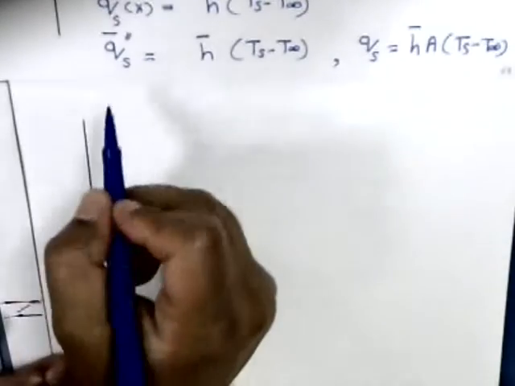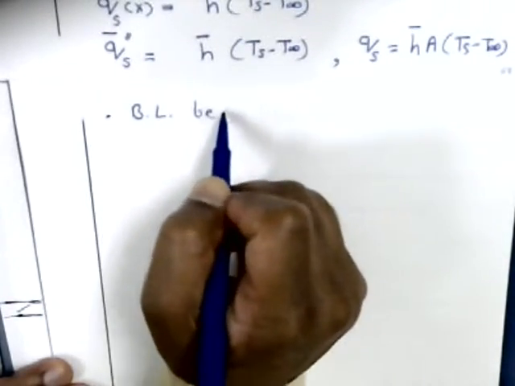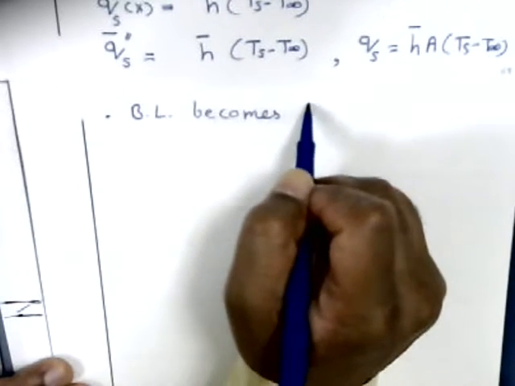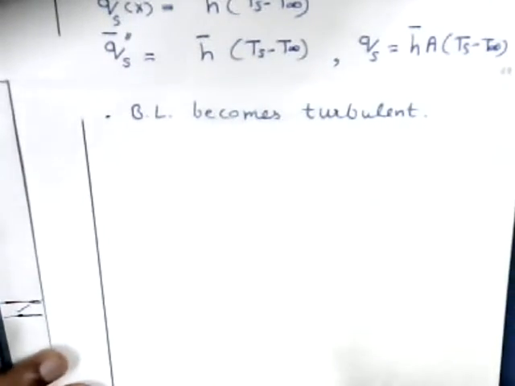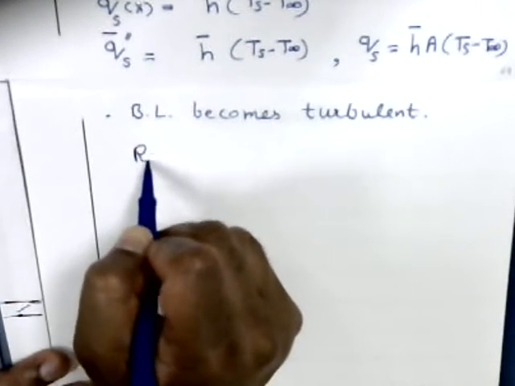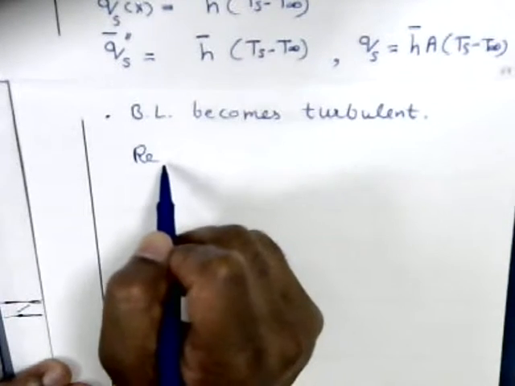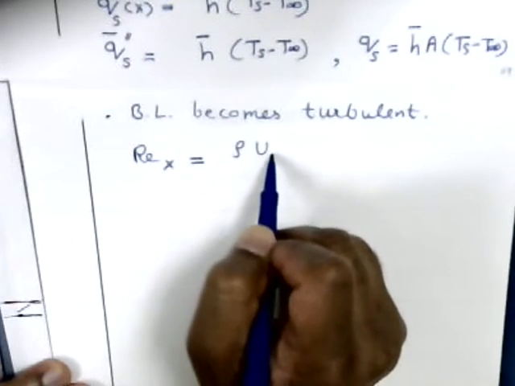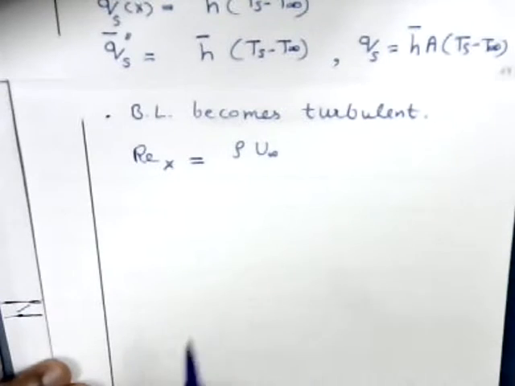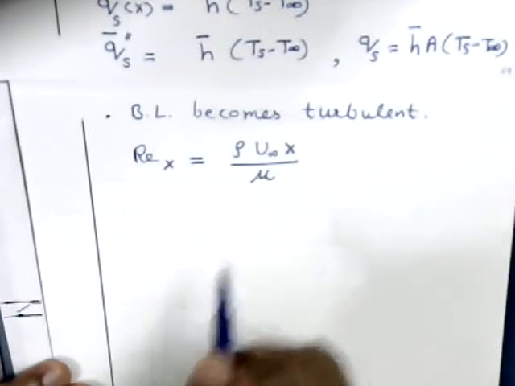Now it turns out that the boundary layer becomes turbulent when the value of Reynolds number, which I'm writing as Reynolds number based on x, is rho u infinity, the free stream velocity, times x, where x is distance along the plate, over mu, where mu is dynamic viscosity.